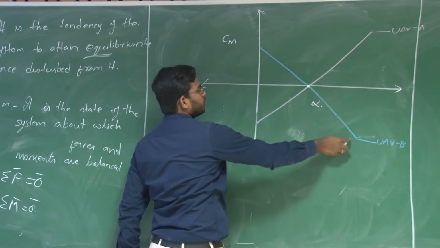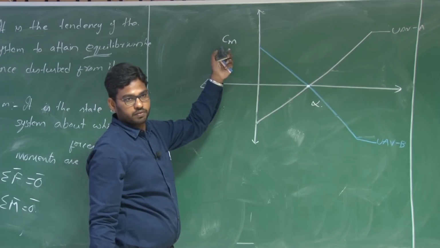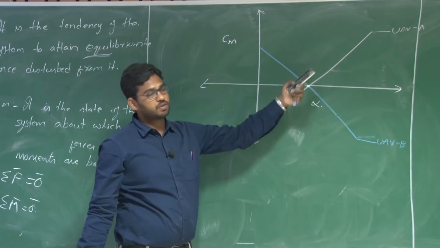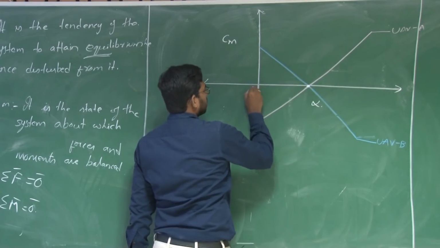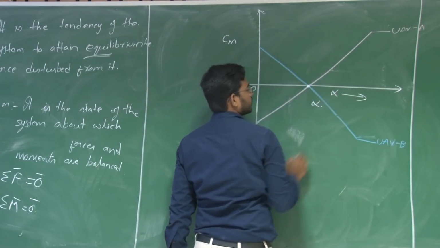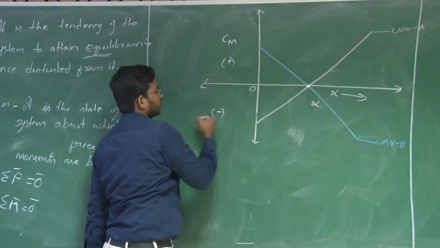For this UAV B, this blue line represents the pitching moment coefficient variation with angle of attack. For the UAV A, this pink line represents the pitching moment variation with angle of attack. So what is this particular condition? This is increasing alpha. So this is your positive and this is your negative.